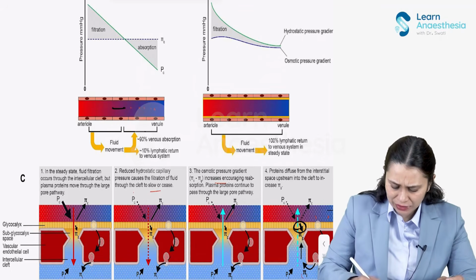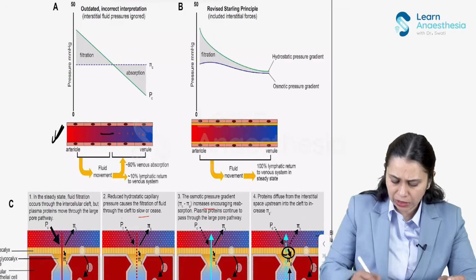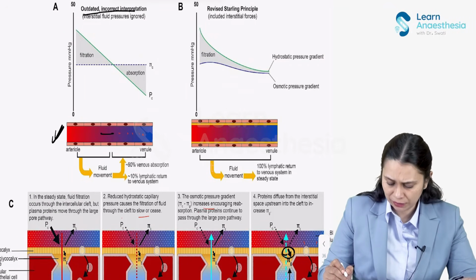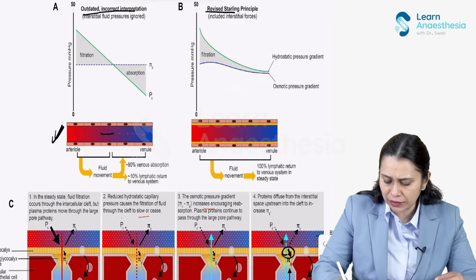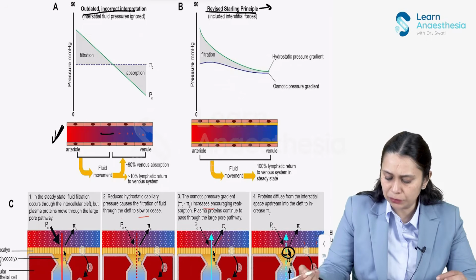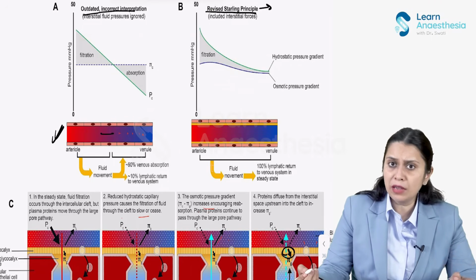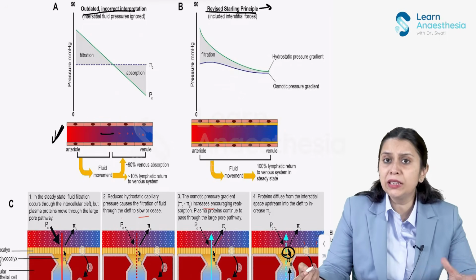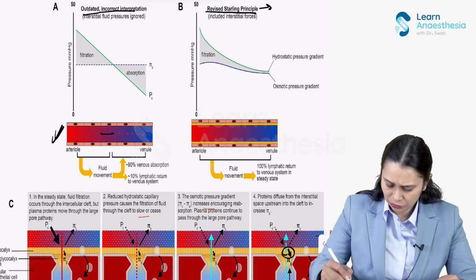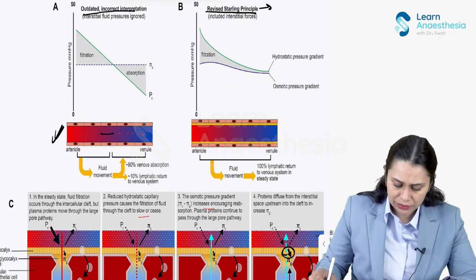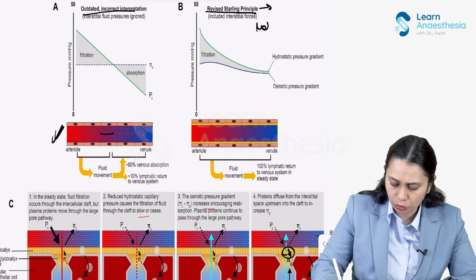So a lot of fallacy was there in the outdated original Starling's hypothesis, right? So the revised Starling principle came into existence, and this used the concept of the subendothelial space and the subendothelial layer of glycocalyx.